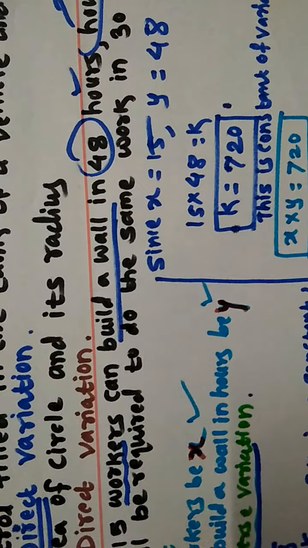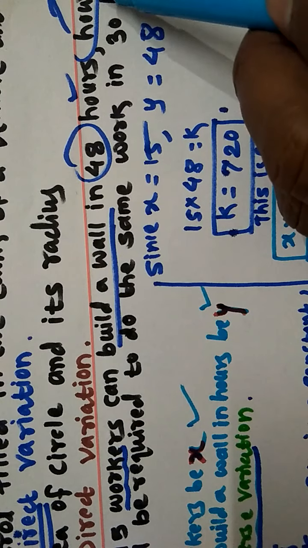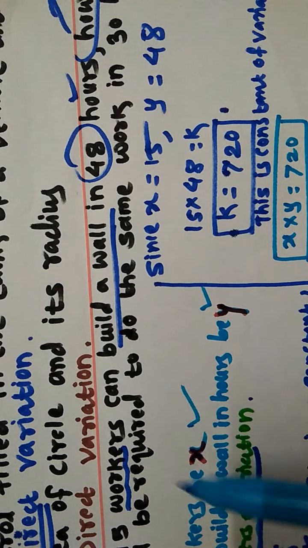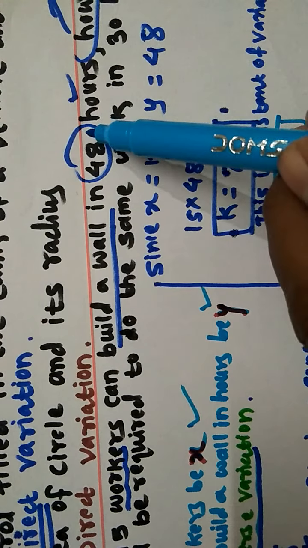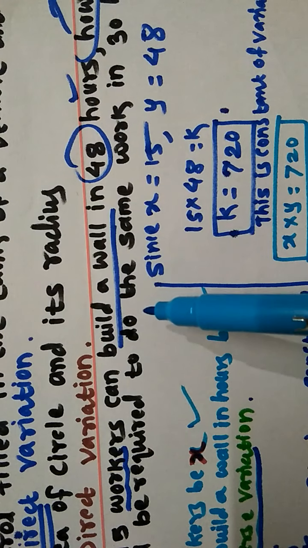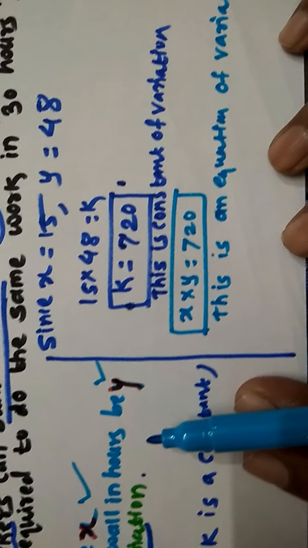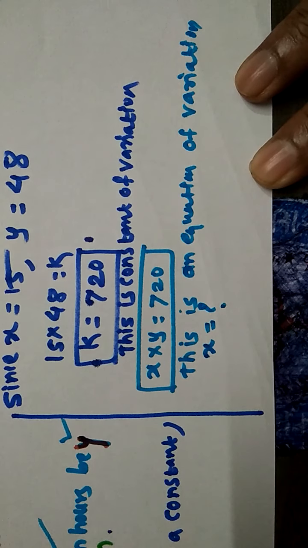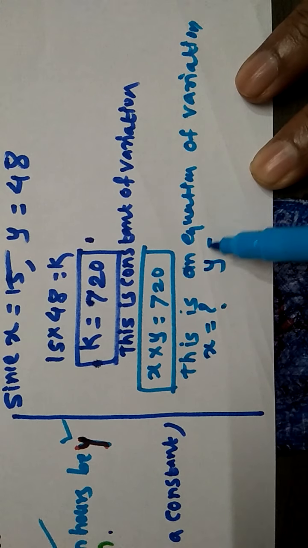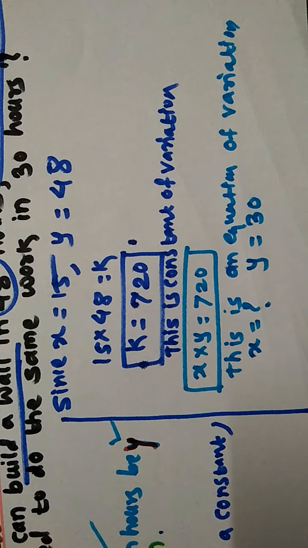Now read the question carefully again. How many workers will be required? Workers means we want to find the value of x if they do the same work in 30 hours, that is, y is equal to 30 is given. How can we solve this? See carefully.